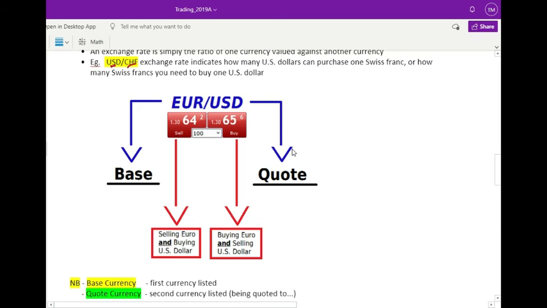Here there's a very important concept, because this is the button that you see first when you go to your broker's screen. It's very important to understand what you are pressing on this button.